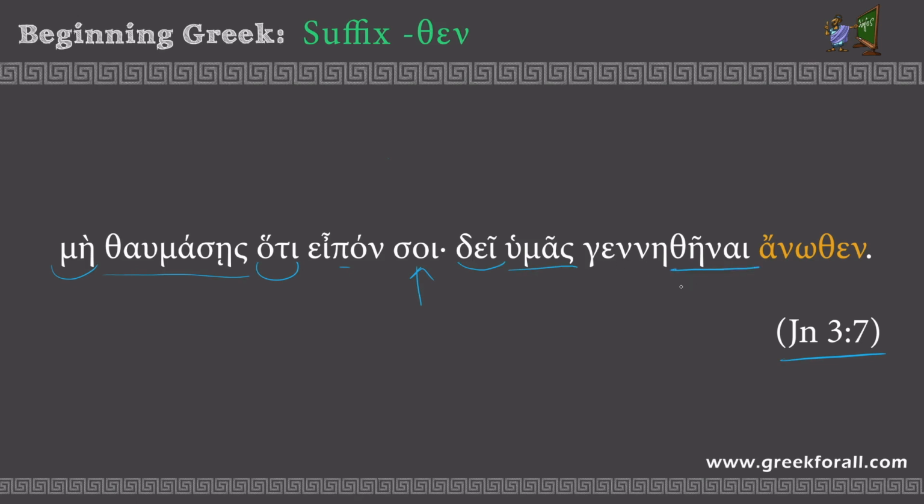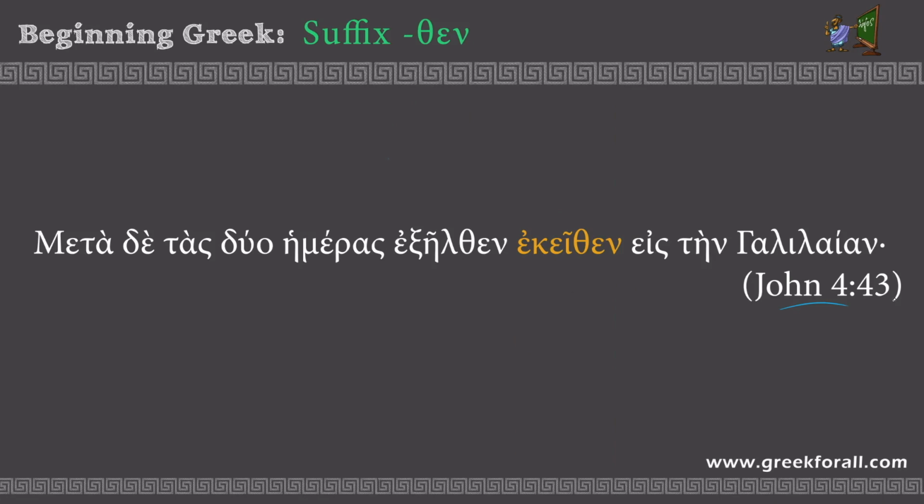This is the passive infinitive, to be born anothen, and this is our word. We see the preposition ana, which means up, which means above. So anothen means from above. It is necessary for you to be born from above.